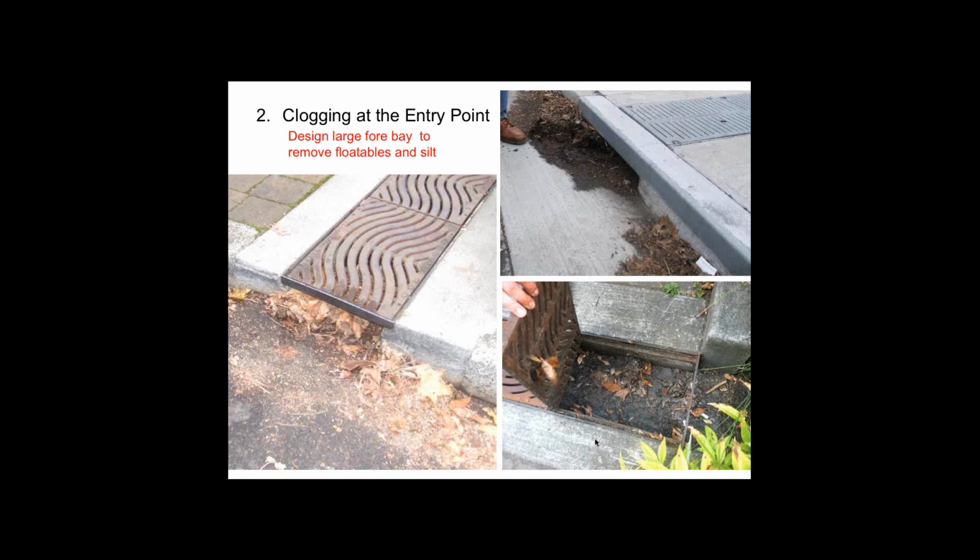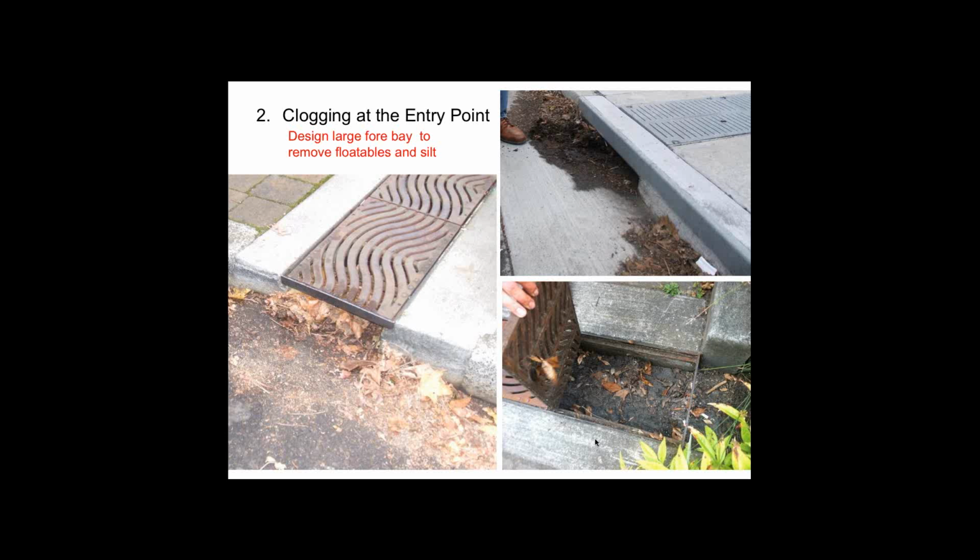The amount of sediment and leaves that get into these systems is enormous, and we have to develop ways of collecting the sediment and the leaves so that it's easy to clean out and easy for maintenance people to access.